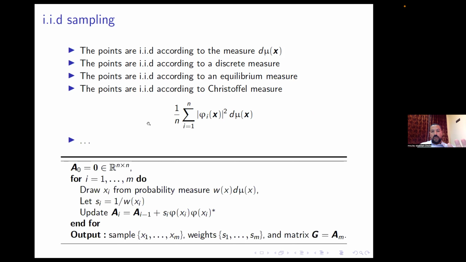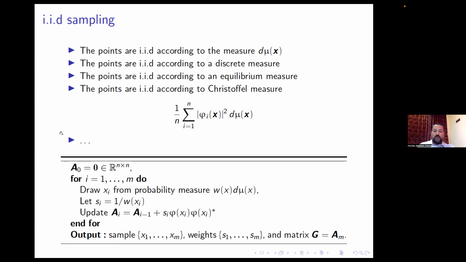So let me show you. This is like an algorithm, but it's just a loop. I wanted to put it here so I can compare it to the two algorithms I will propose later. We start with the zero matrix of dimension n times n, and every time we draw a point xi from the underlying probability measure.